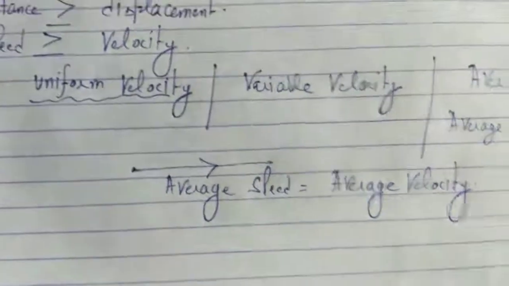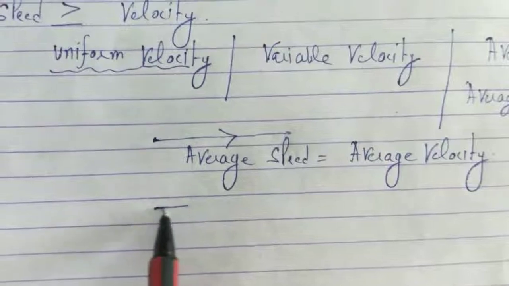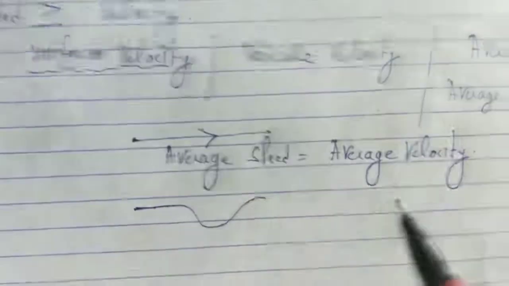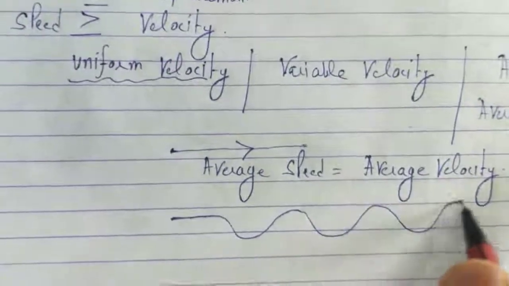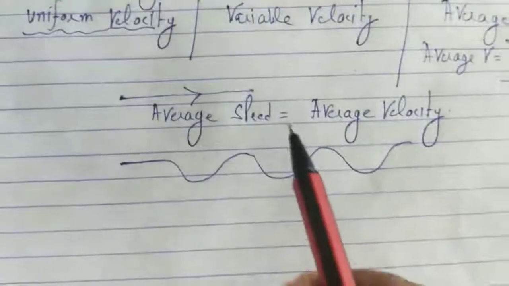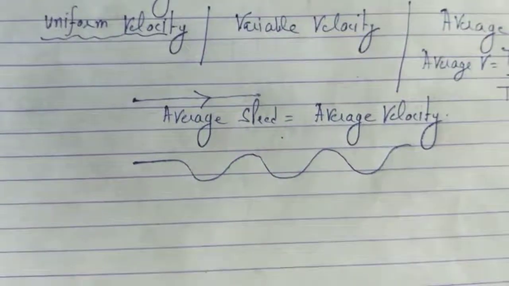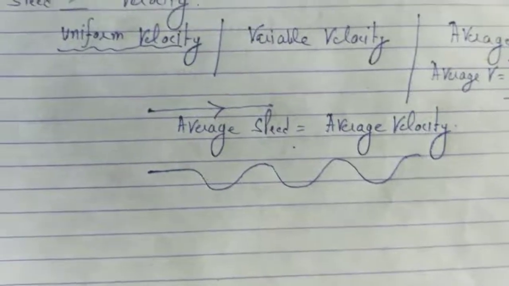But if the object changes its direction or path, then average speed will not be equal to average velocity.